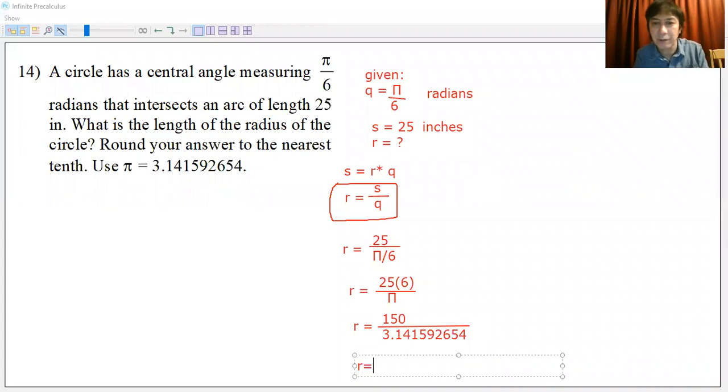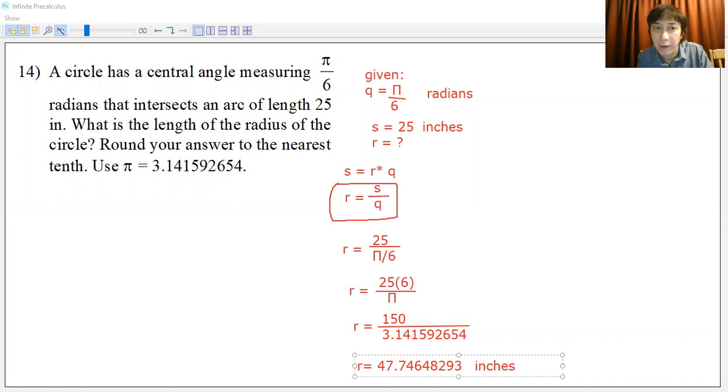We get something like 47.746293. The unit of this radius must be consistent with the arc length unit, which is inches.